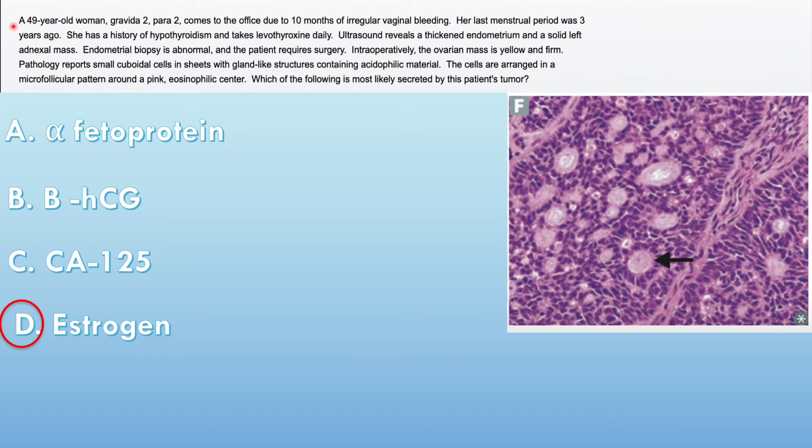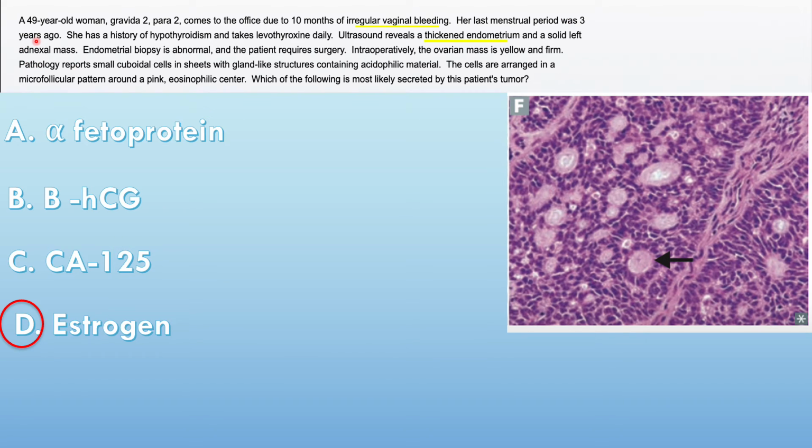Okay. A 49-year-old woman, gravida 2 para 2. Look at the demographic. She is not nulliparous, so this risk factor is out of the calculation. Okay, comes to the office due to 10 months of irregular vaginal bleeding. Now that is suspicious. Her last menstrual period was 3 years ago.